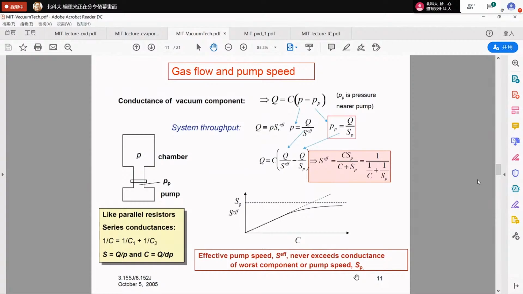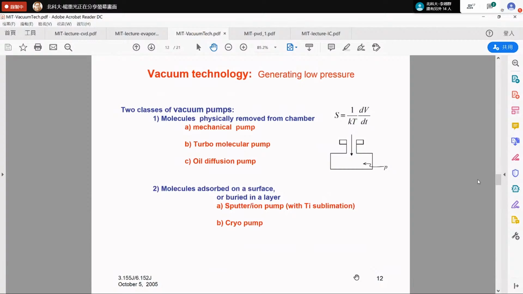I was saying that vacuum technology generates low pressure, and there are two classes of vacuum pump. The first type is where molecules are physically removed from the chamber, such as the mechanical pump, turbomolecular pump, and oil diffusion pump.